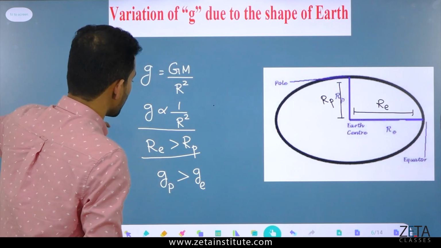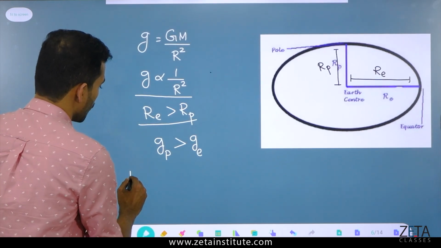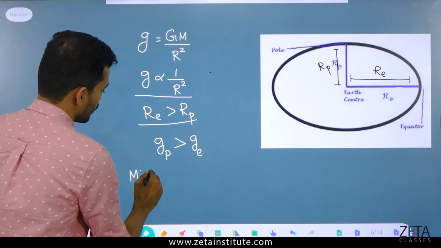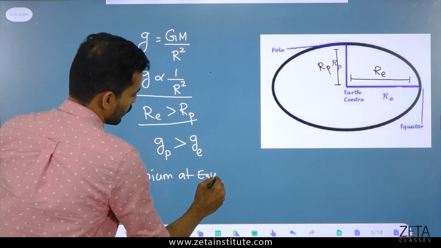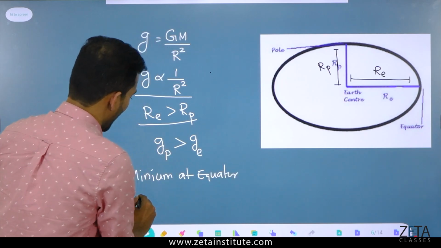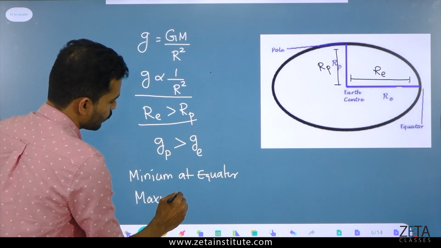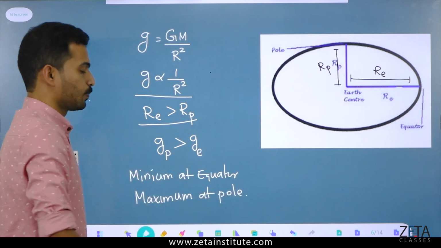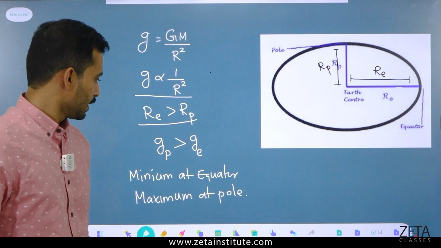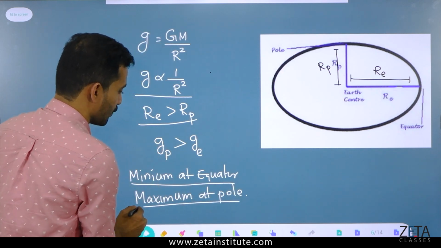The value of acceleration due to gravity is minimum at equator, and it is maximum at pole. So minimum at equator and maximum at pole.